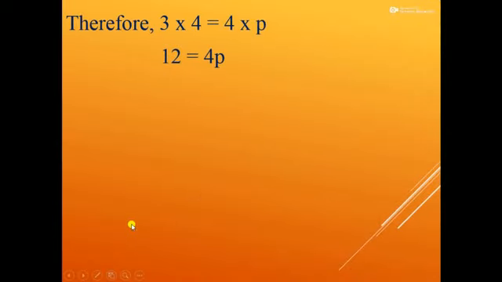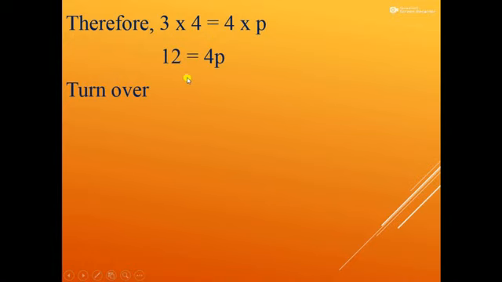After cross multiplication, we have 3 multiply 4 is equal to 4 multiply p. So 3 times 4 will give us 12 is equal to 4 times p, which will give us 4p.